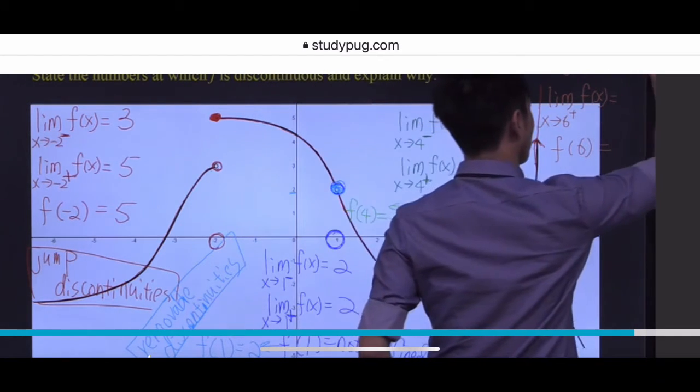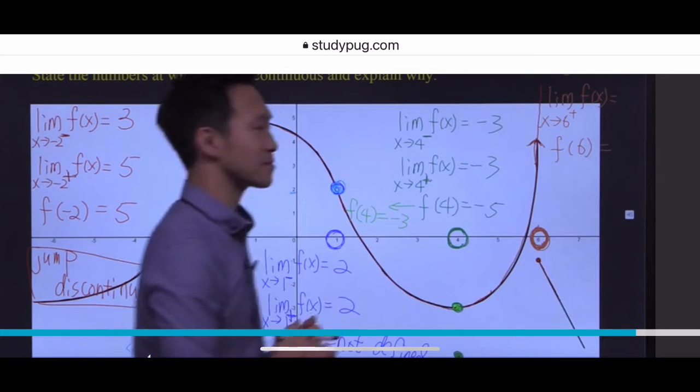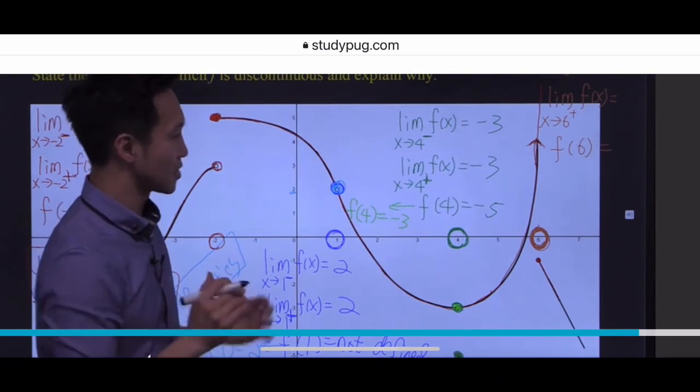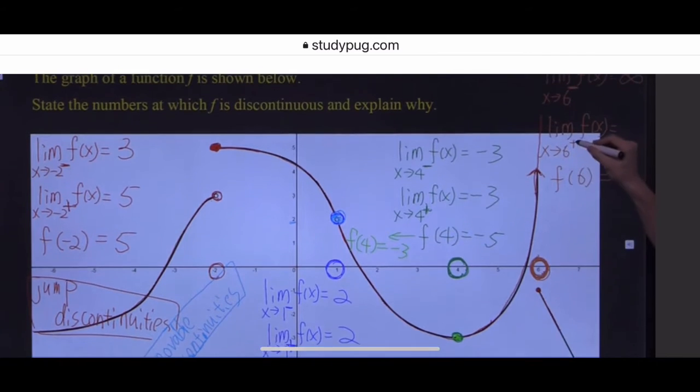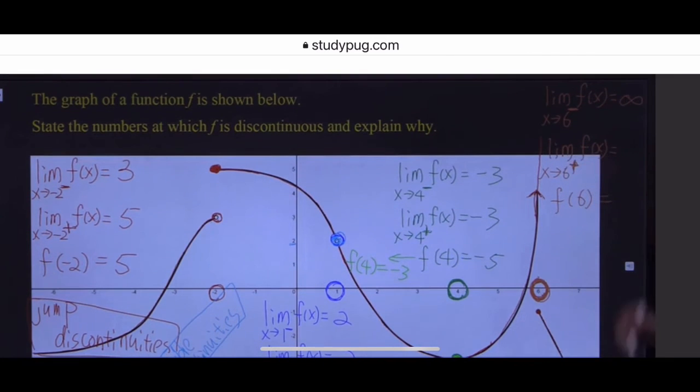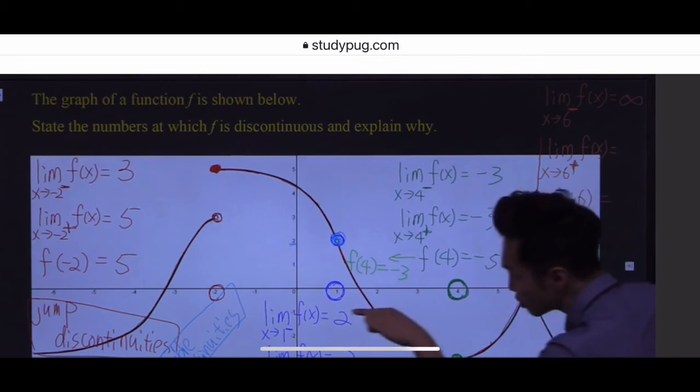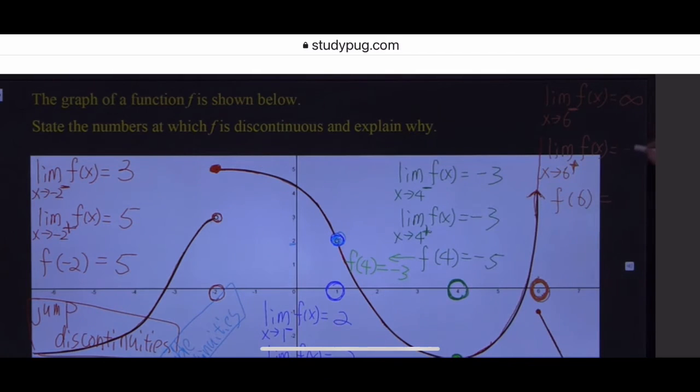Next, approaching 6 from the positive direction, the function gets closer and closer to the value -1.